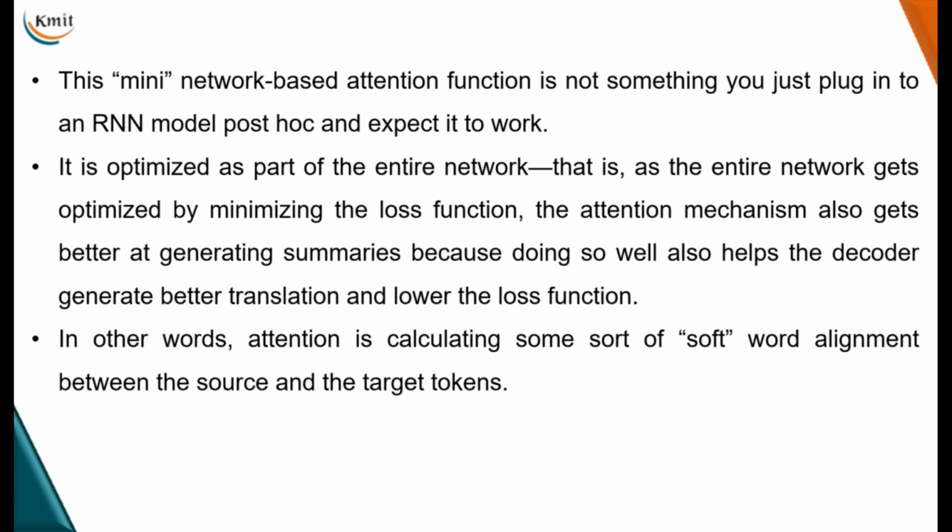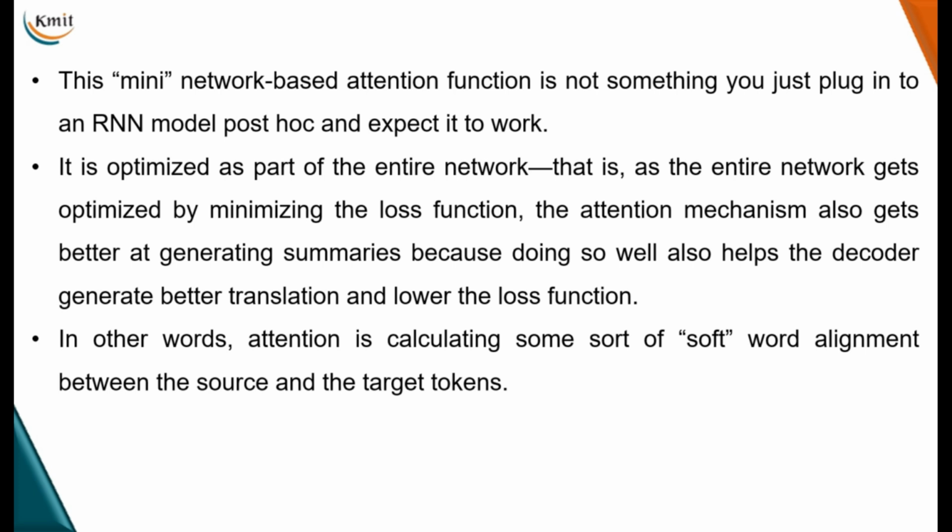So the entire network gets optimized by minimizing that loss function, and the attention mechanism also gets better at generating those summaries. We generate those summaries, weight them, add them, and finally generate the context dependent summary. So this attention mechanism gets better when you summarize while generating the tokens, and it also helps the decoder generate a better translation and lower the loss function. So that f function we use is basically a mini network based attention function.